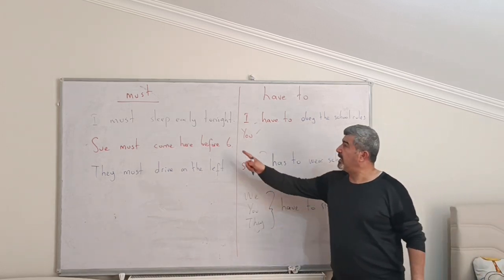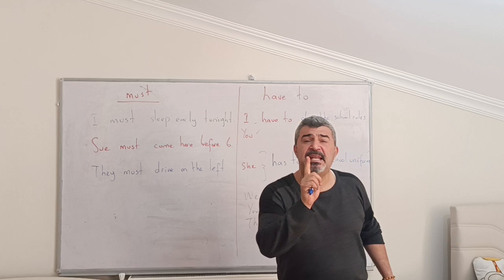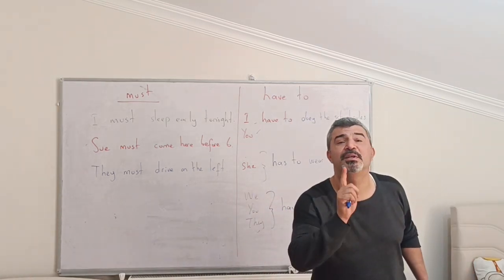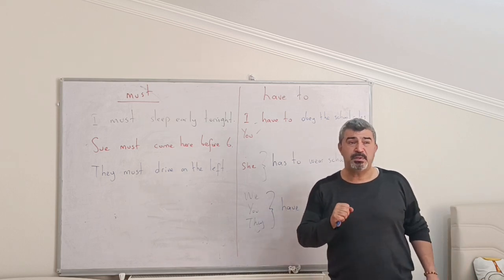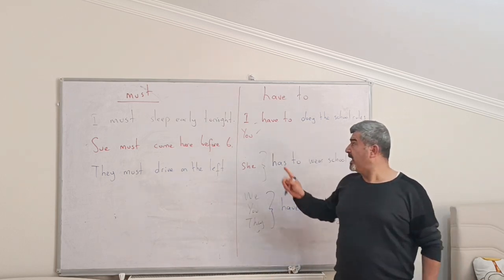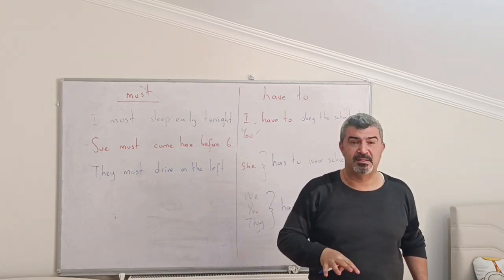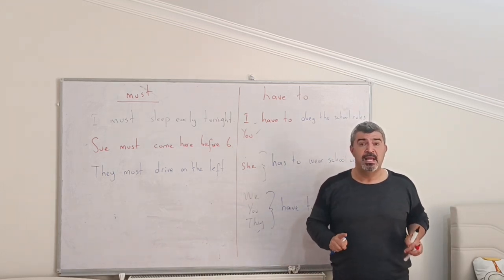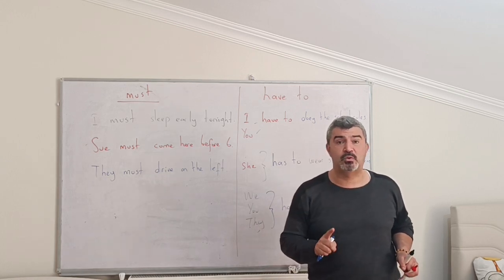I said that must is a necessity, but have to, has to is an obligation. What does obligation mean? It is stronger than must. How is it stronger? It is about the rules. It is about the laws.